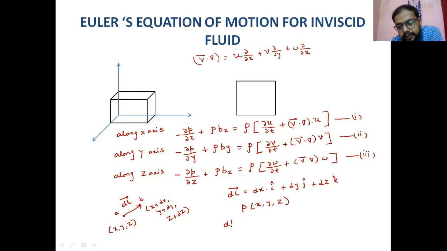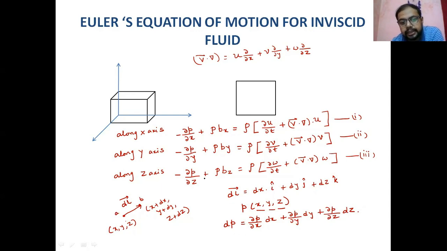So the differential pressure dP we can write as del P del x into dx plus del P del y dy plus del P del z dz. Along the x-axis pressure is changing, along the y-axis pressure is changing, along the z-axis pressure is changing.